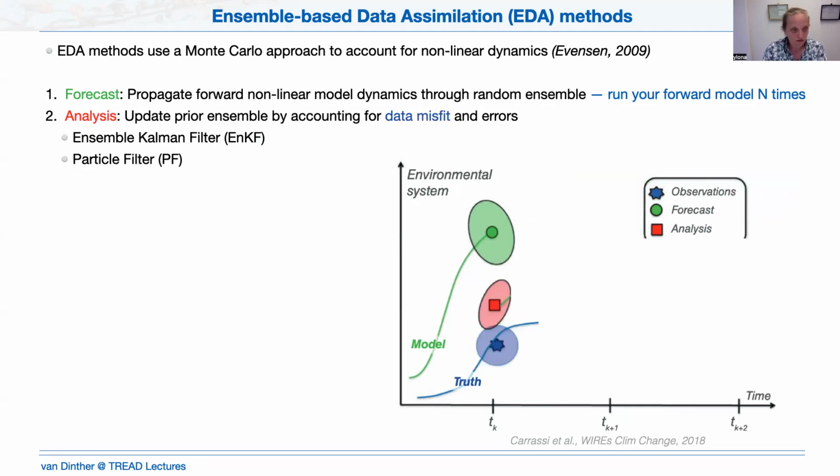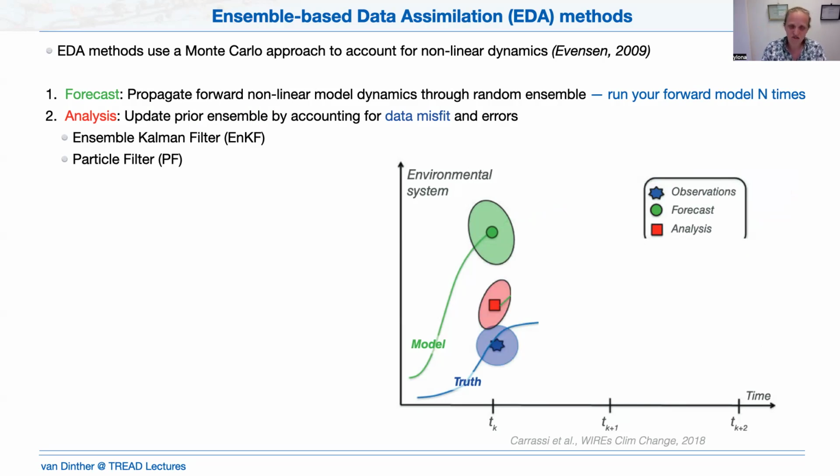Now, if you add data observations at a certain point tk, where you have the truth here, you want to update your model with that. There are different ways to do this analysis or update. What we use, as I said, is the ensemble Kalman filter, but there's also the particle filter, a common method that I will explain a little later because we use it there as well.